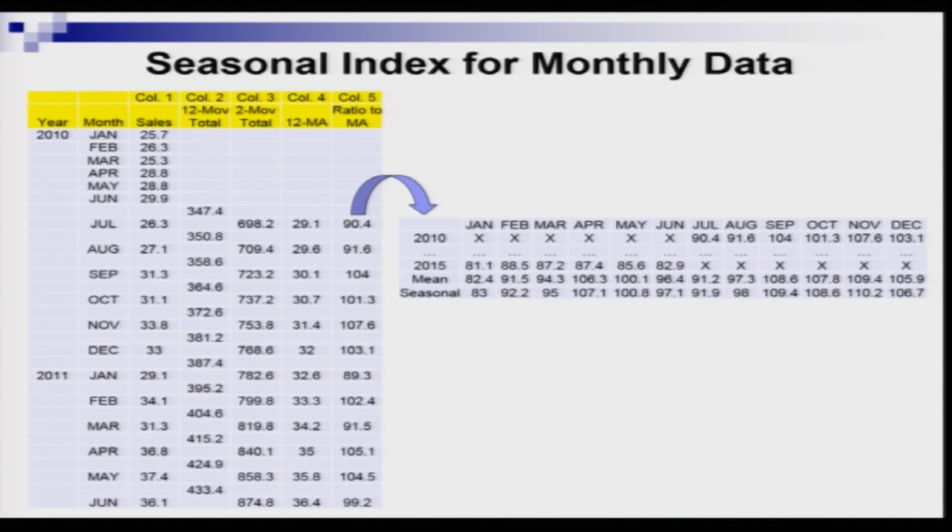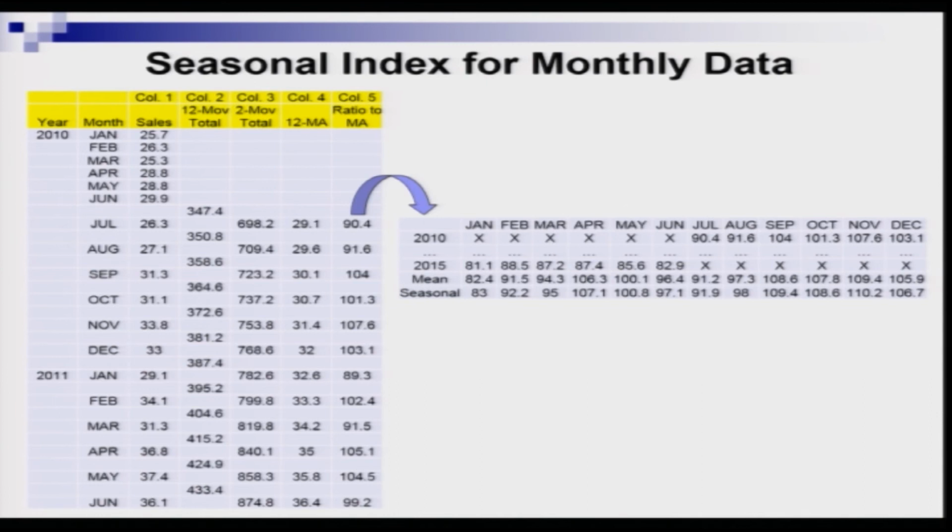And in the last column, column 5, I am showing you the ratio to moving average calculation. You divide the original number 26.3 by this newly created moving average number 29.1 for the month of July, and then multiply by 100 to get the number 90.4.